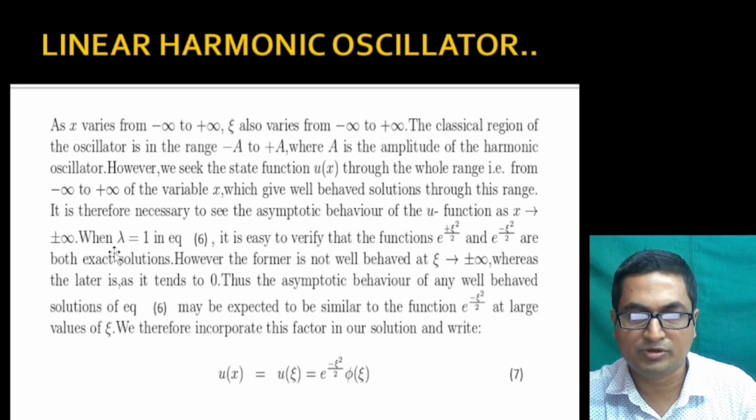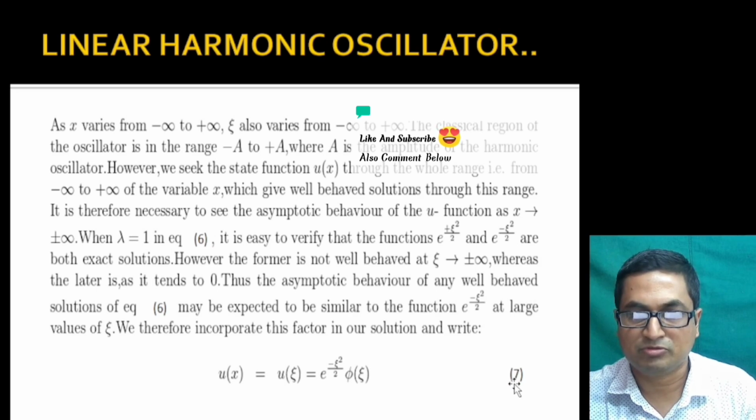We must remember that we are taking only lambda equal to 1 and considering xi tends to plus minus infinity, or rather we are finding an asymptotic solution to equation 6. But we can incorporate this factor, but the general solution is not this factor only. We have to put another factor, phi as a function of xi, which we need to determine in order to know the total function u, as a function of x or xi, as given by equation 7.